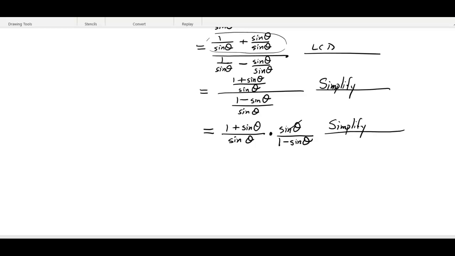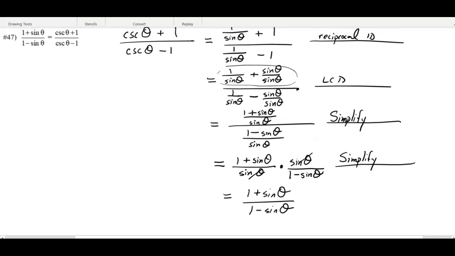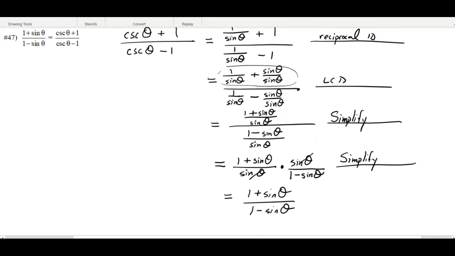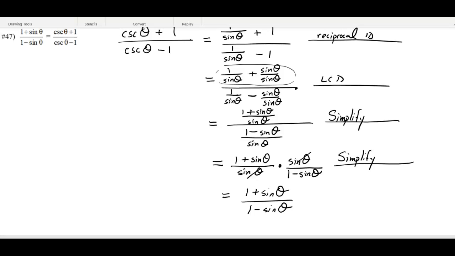My sine of thetas cancel out, and we are left with 1 plus sine of theta over 1 minus sine of theta. And if I'm not mistaken, that is where we wanted to go. So we simplified.